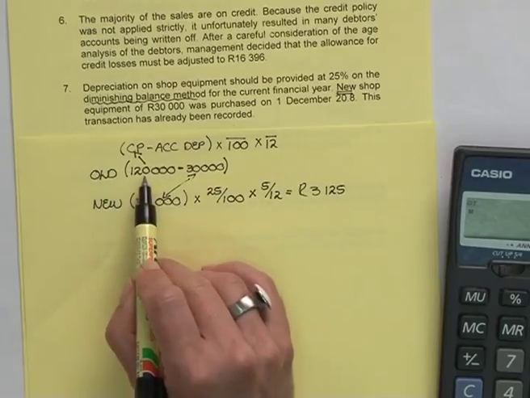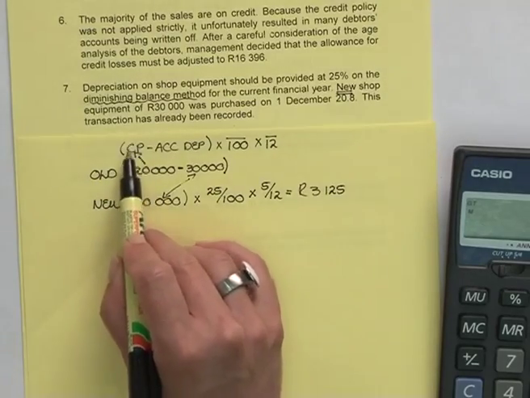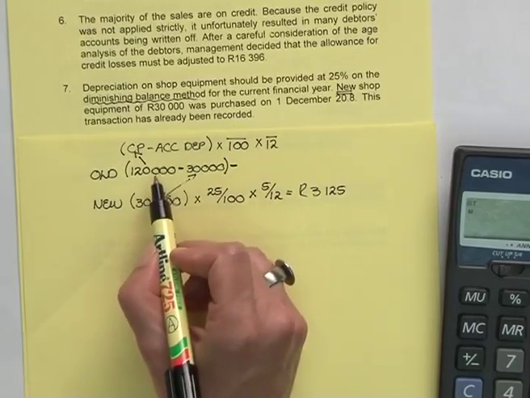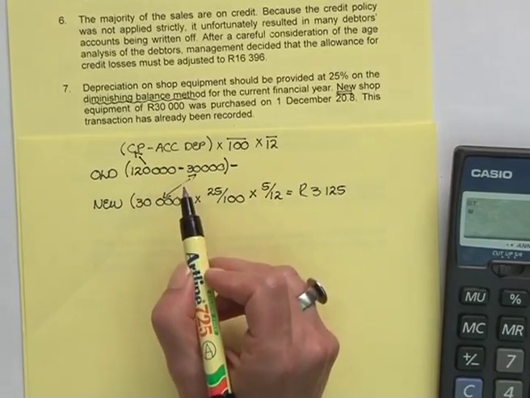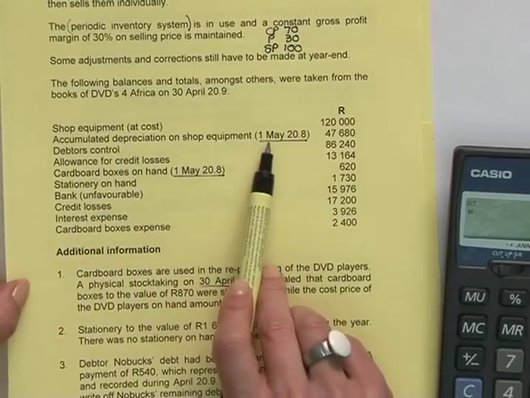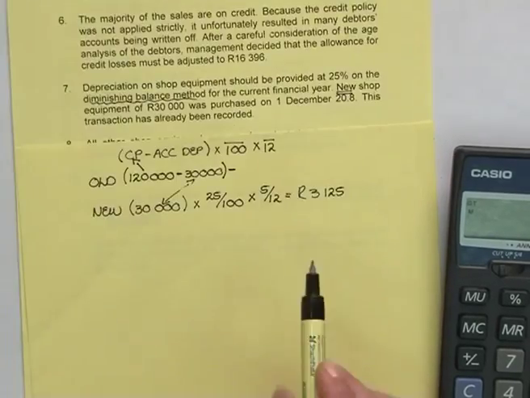For the old equipment, I've already calculated the cost price, but now I still have to deduct the accumulated depreciation from this cost price. And the accumulated depreciation on shop equipment provided on the 1st of May, 47,680.